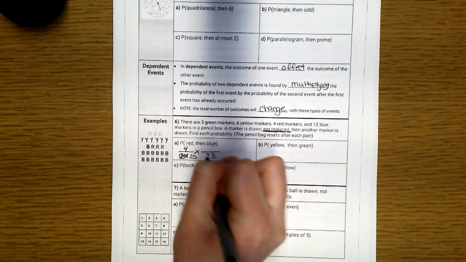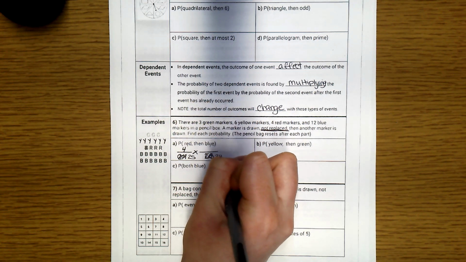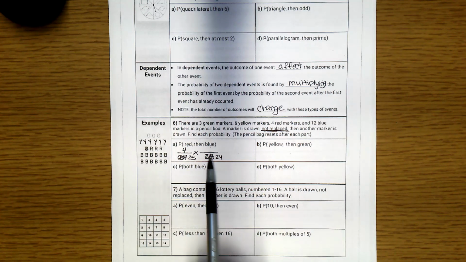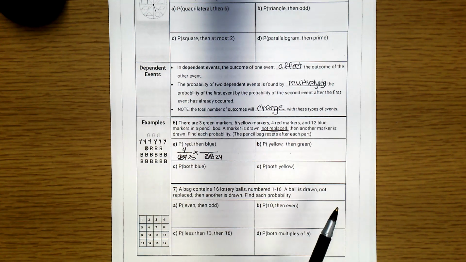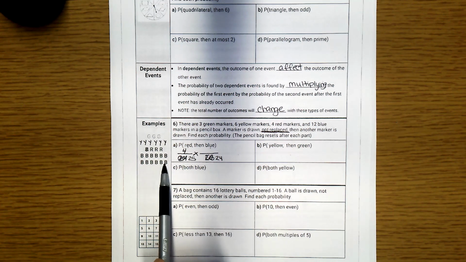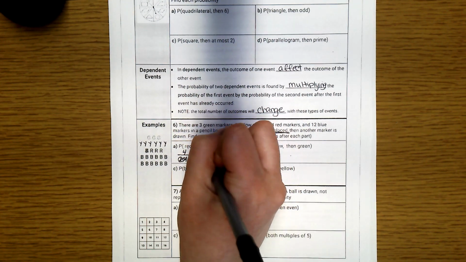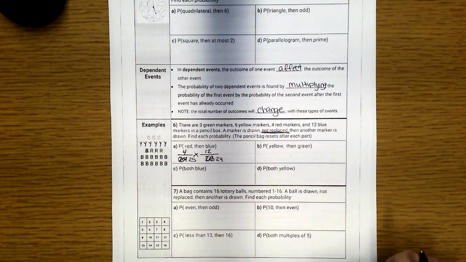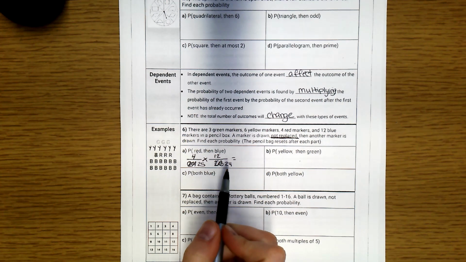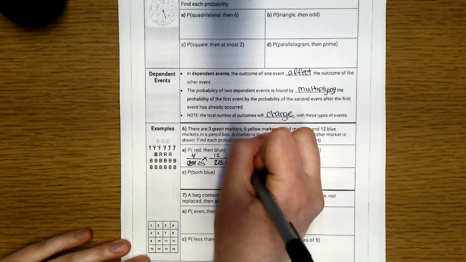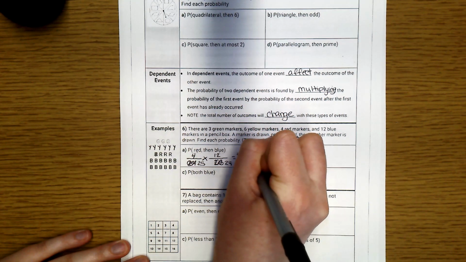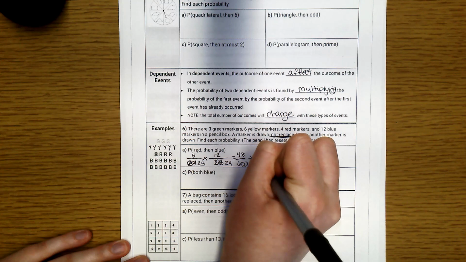This should be 25 and 24. Sorry about that. Same idea though. When we take away that red marker, we go from 25 to 24 markers. When I look at the blues, I still have the same number that I started with because I haven't gotten rid of any of them, so I should still have 12 for that. The big trick here is that that bottom number is changing. So when I go through and multiply, I should get 48 out of 600. If you simplify that, you get 2 out of 25.